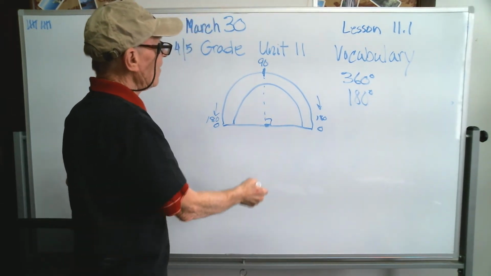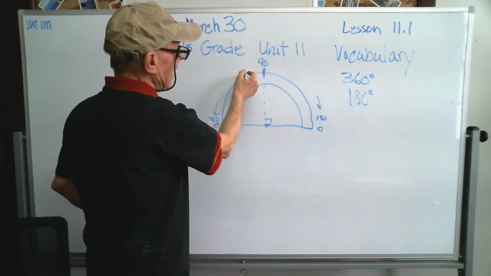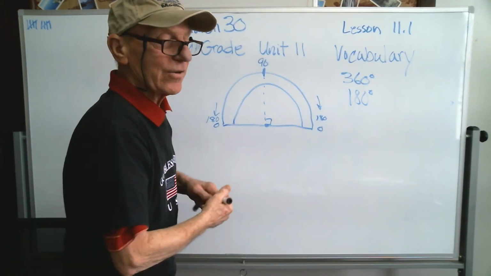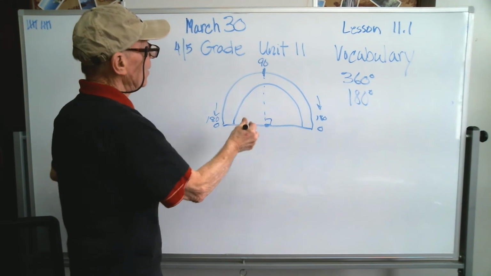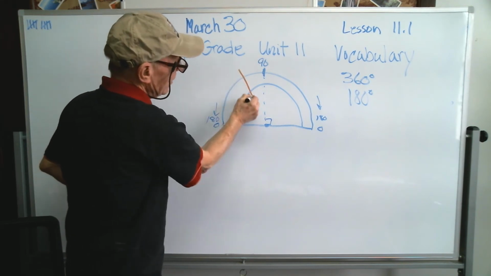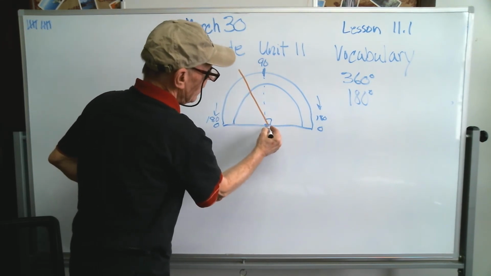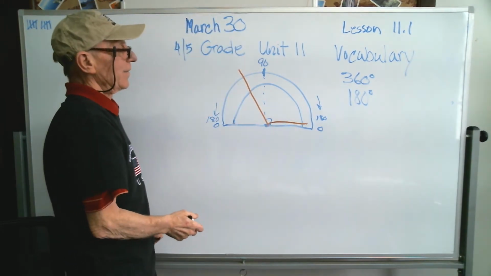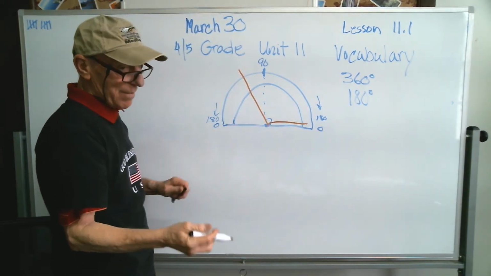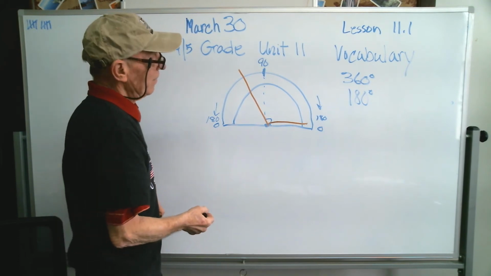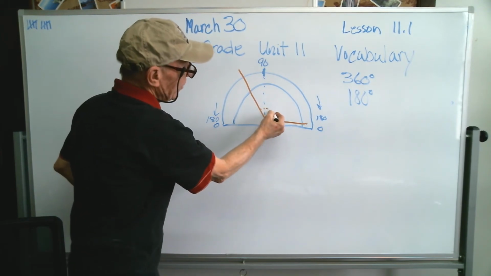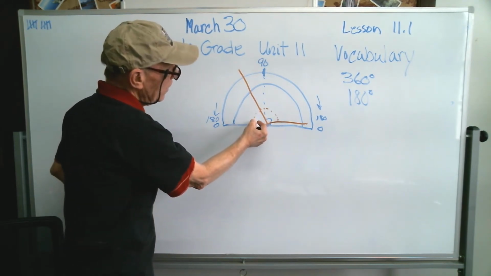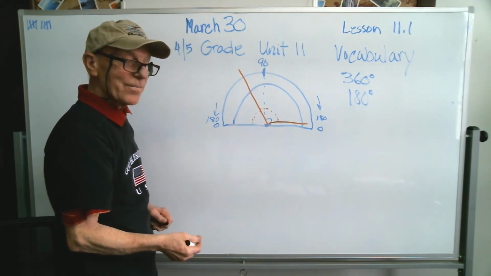So if I have an angle, let's just say the angle, and let me use a different color here so you can see it. I don't know if it actually shows up on the video or not. But let's just say this is my angle. Right there. That angle can be measured in two different ways, because there's this angle, but there's also that angle.